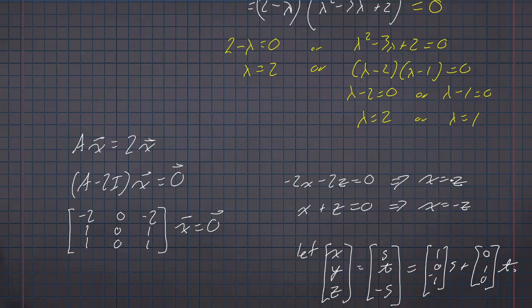Notice, because the zeros are in different places, that these two vectors are linearly independent. So they can form a basis for the solutions. And the eigenspace for this matrix corresponding to the eigenvalue lambda equals 2 is the span of the vectors 1, 0, negative 1 and 0, 1, 0.